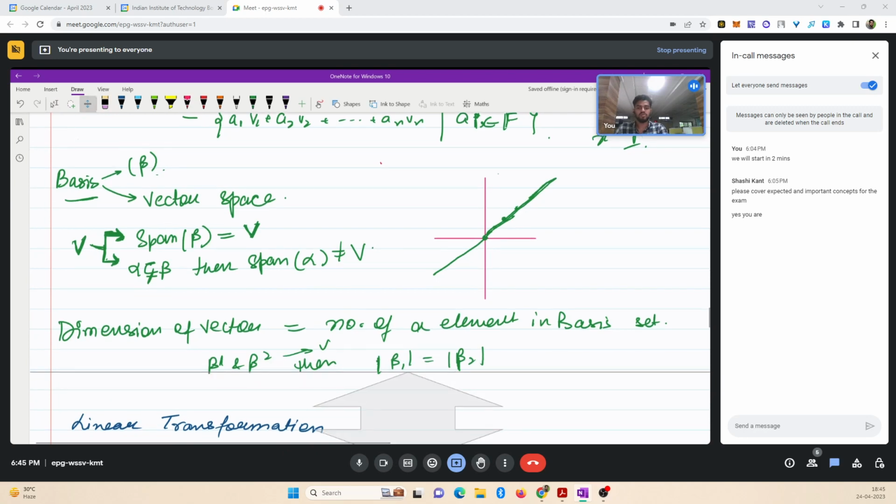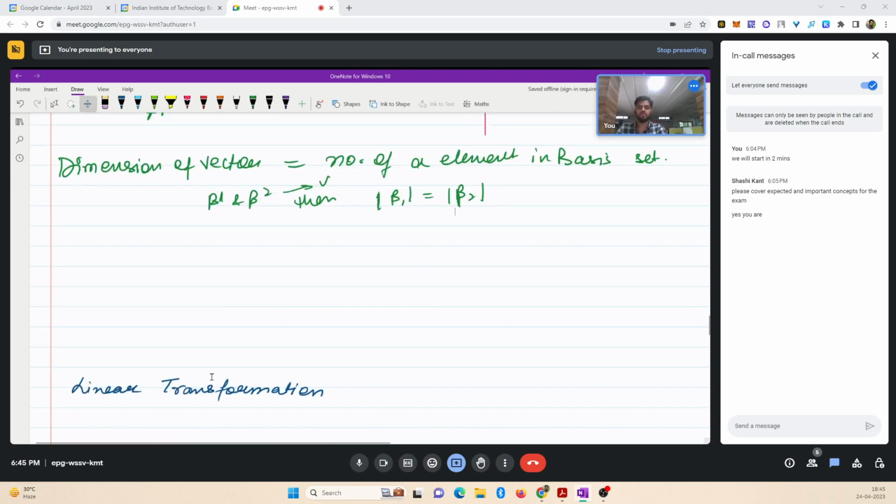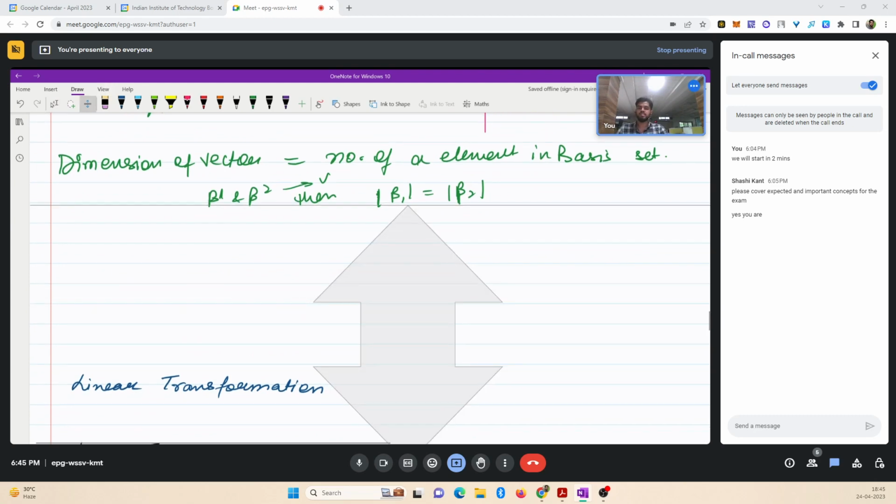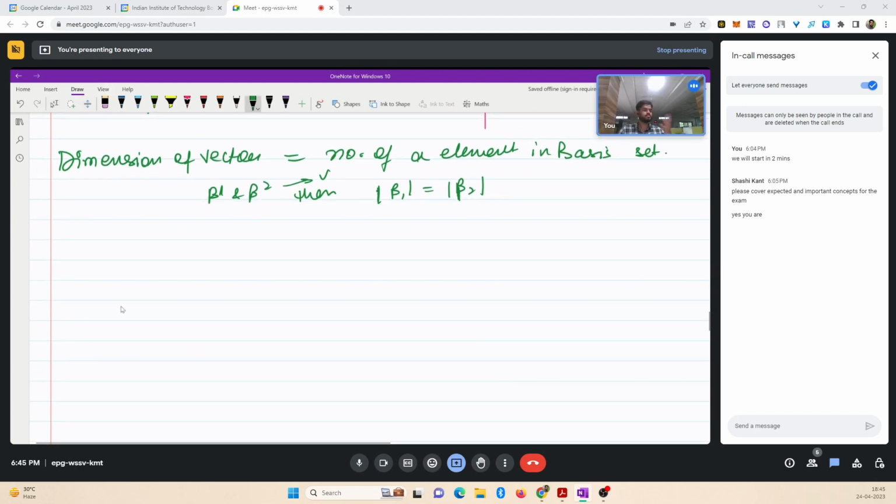Now I want to mention some easy dimensions for common vector spaces that you can use if questions are asked related to this. So first of all, for Rn, I'm calling it easy dimension, but these are called standard basis.